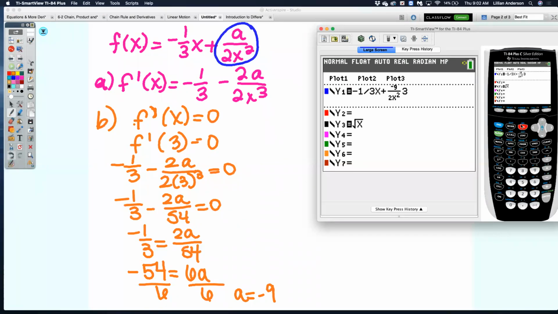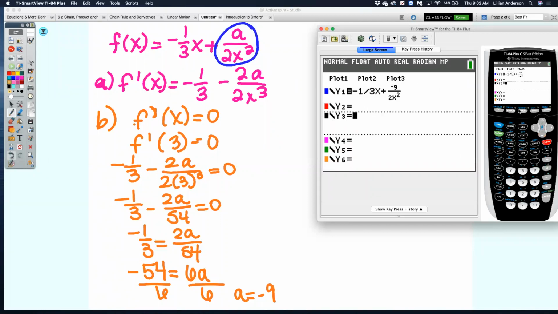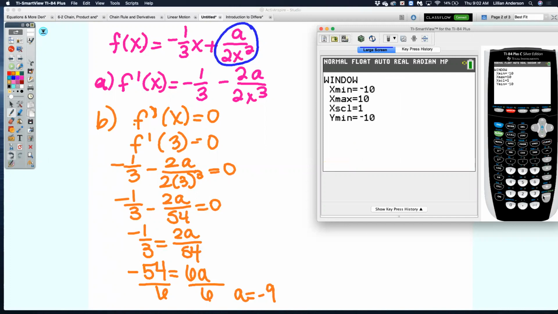I'm going to delete this additional equation that I have here, and then go to my window. I'm going to adjust my x min to -6 and my x max to 8, because that's what the restrictions were for my x's. And I'm going to change my y's to -6 and 2.